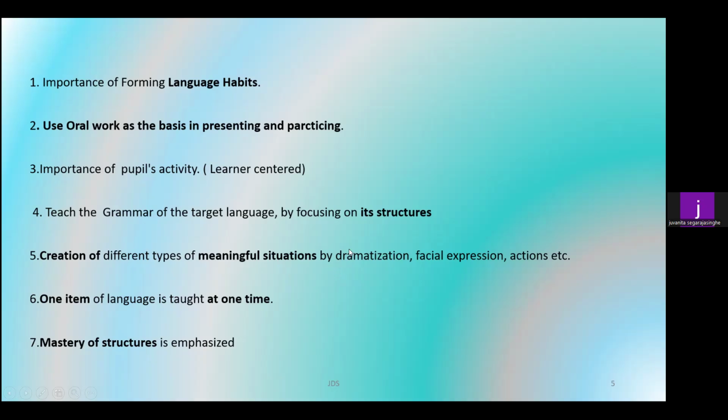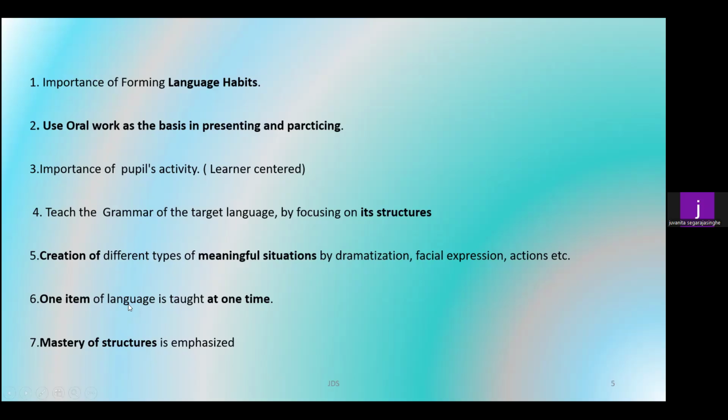Using a role play, or maybe a drama or a dialogue, or at times they can just mime actions or any kind of activities. So using meaningful situations to practice that structure should be done. In a lesson, we do this during the practice and production stages.